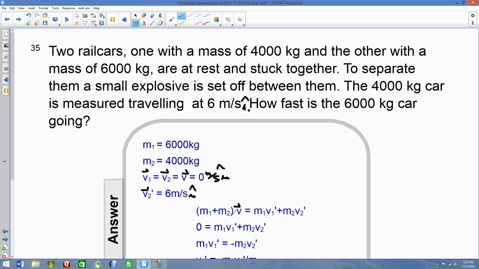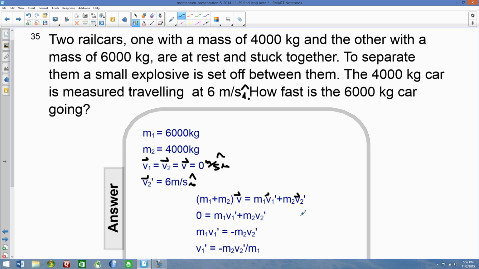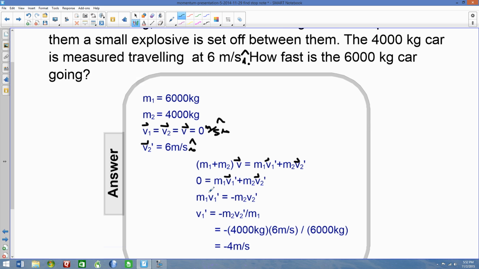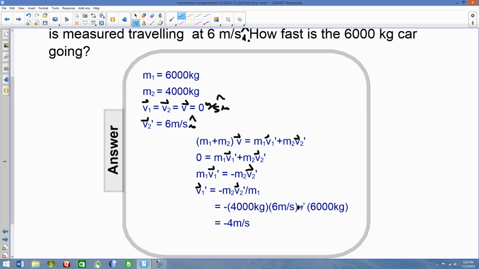So the sum of the masses times the initial velocity is equal to m1 v1' plus m2 v2'. That means 0 = m1 v1' + m2 v2'. Solving, we end up with v1' = -v2' m2/m1. Since this is i hat, the 6,000 kilogram car is going to move at negative 4 meters per second i hat.